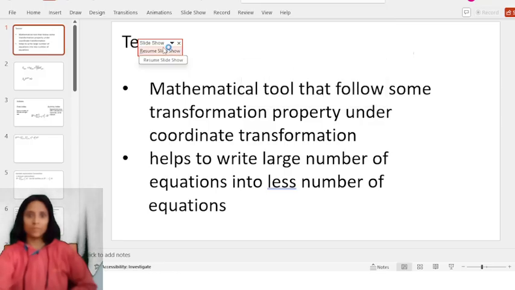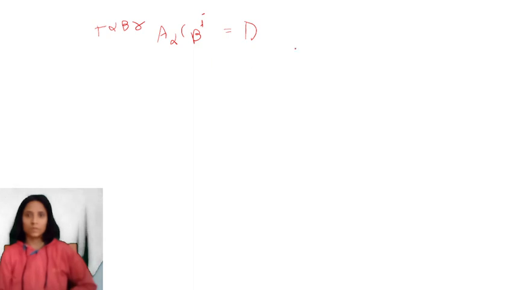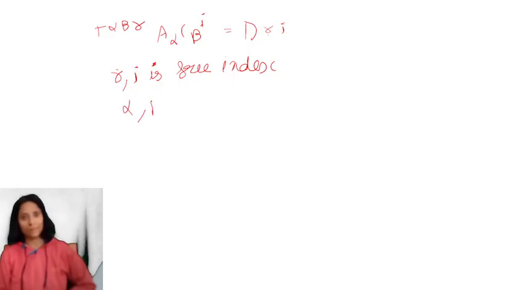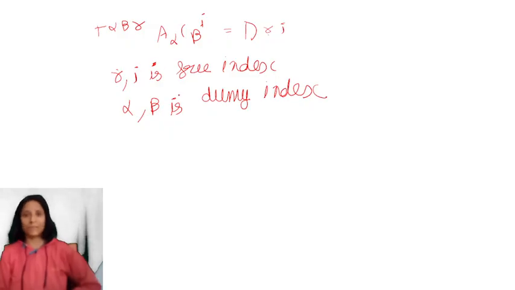Here gamma is a free index because gamma is present on the LHS as well as the RHS, and alpha and beta are dummy indices. They are present only on one side and they are replaceable.